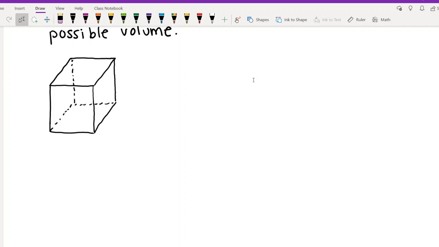Whatever the bases are, maybe we can call this X and this X. Because the base is square, those two dimensions are the same. However, the height is potentially different. It could end up being the same, but that's not necessarily true.